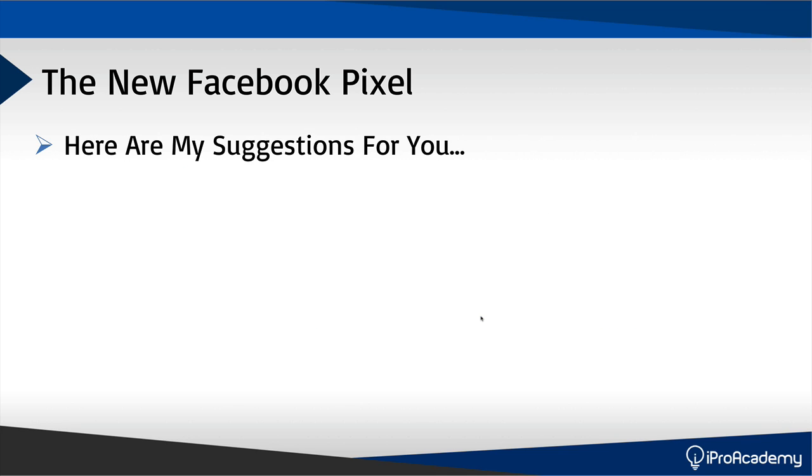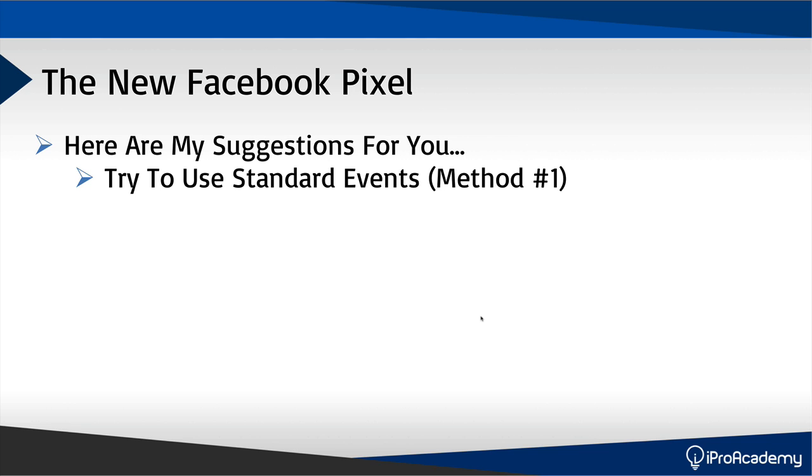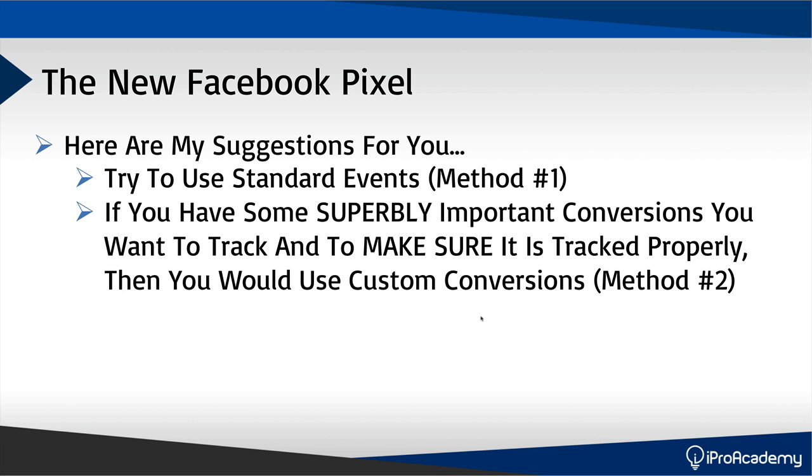All right. So here are my suggestions for you when it comes to the new Facebook pixel. I would encourage you to use the standard events, which is method number 1. And if you have some superbly important conversions you want to track and make sure it is tracked properly, then you would want to use custom conversions, which is method number 2.